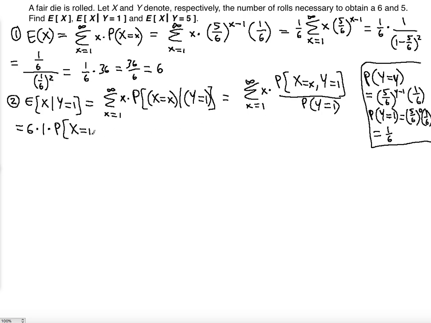Because we're taking the 1 case out, as we just decided, and Y is equal to 1, plus 6 times, and now we're going to start from 2, because we took the 1 out, so we're going to start the count from 2 trials on and on, until infinitely, x times the probability of X equal to x, Y is equal to 1. And again, why don't you see the denominator? The denominator is already solved for. It's 1 over 6 in the denominator, which gives you 6 outside, right? So we're done with that.